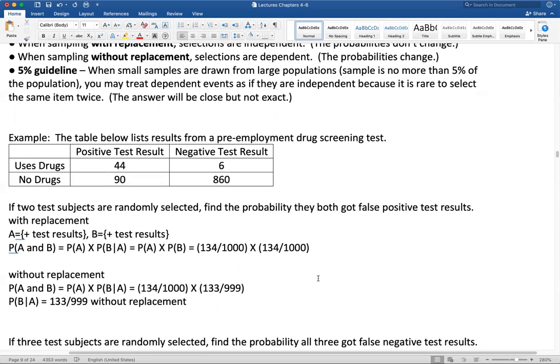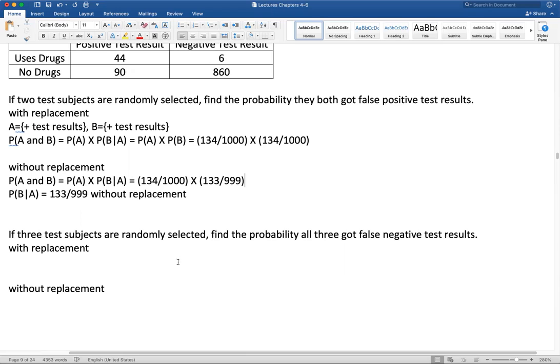So now the next one: if 3 test subjects are randomly selected, find the probability all 3 got a first negative test result.